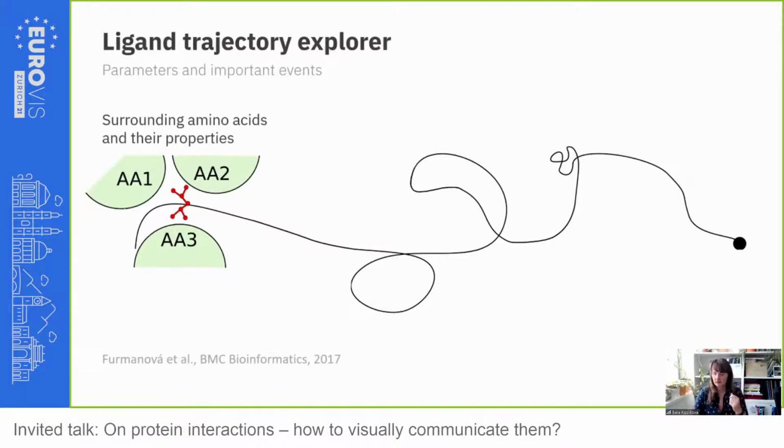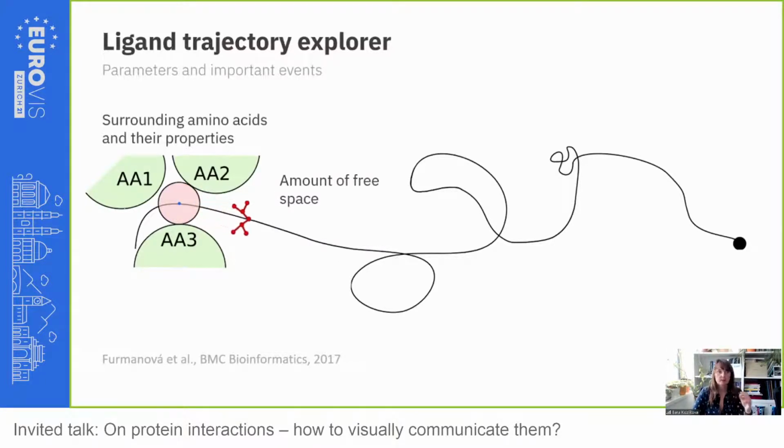So one possible property is that we were looking at the amino acids which are surrounding the ligand when it traverses along the trajectory. Another thing would be the amount of free space around the ligand in that particular time step.